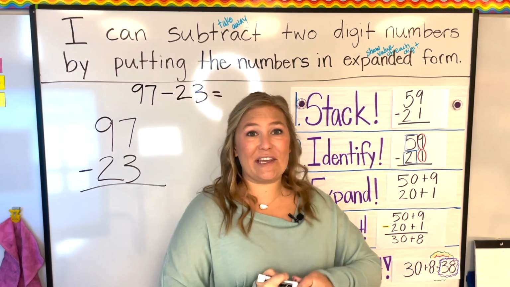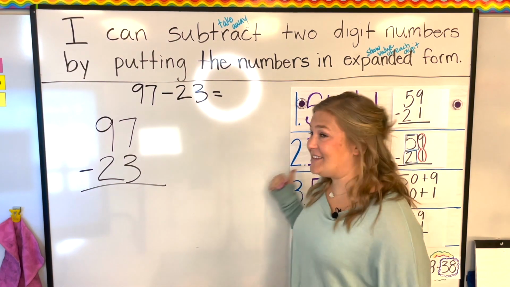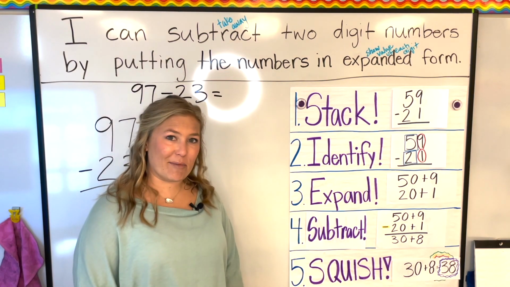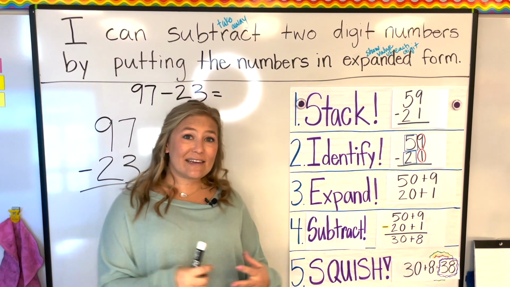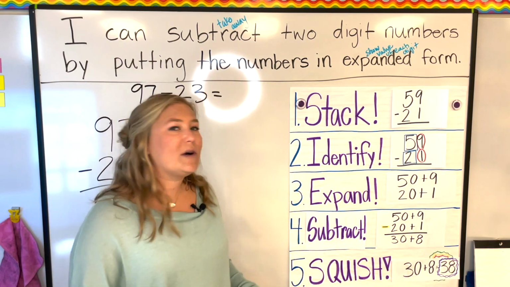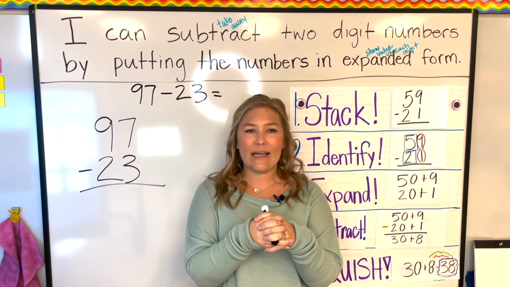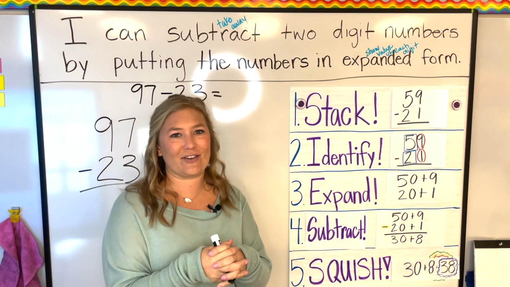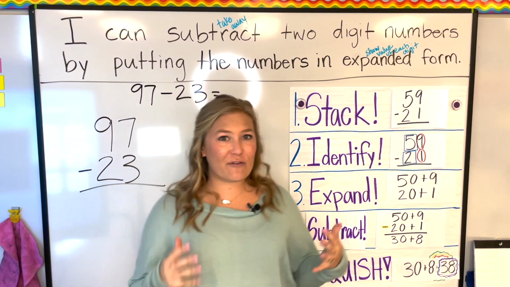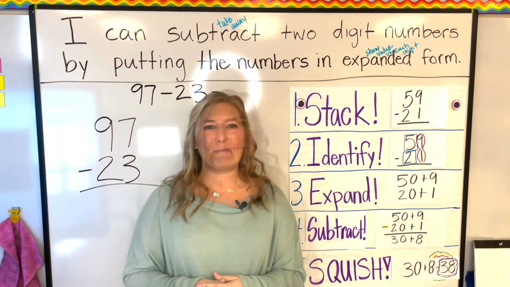Now I want you to see if you can go ahead and identify the tens and the ones place, expand the two numbers, subtract first the ones, then the tens, and then squish your expanded form answer into your final answer. All right, I think you guys can do it. You've got to figure out how many sunny days we had in summer.